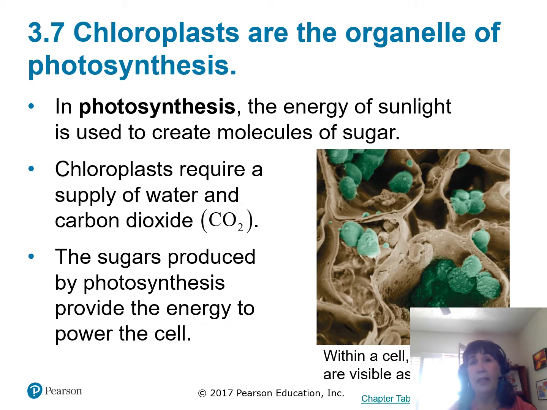Photosynthesis means light making, and we know that light in this case will make sugar. And so the pigments inside of the chloroplasts are used to capture the energy from the sun and to make sugar from a supply of carbon dioxide and water. Sugars produced by photosynthesis provide the energy to power the cell. And when we eat those sugars, it powers our cells.